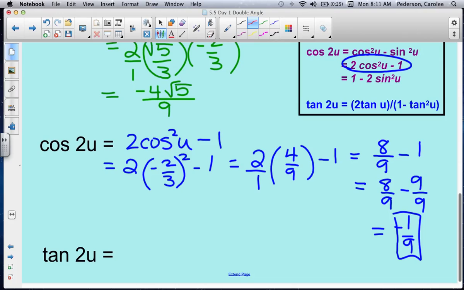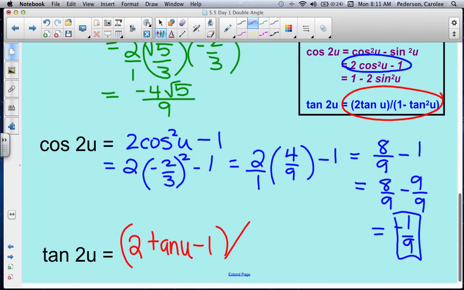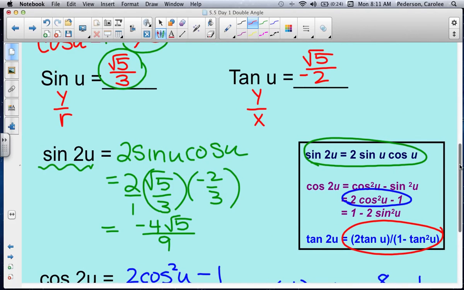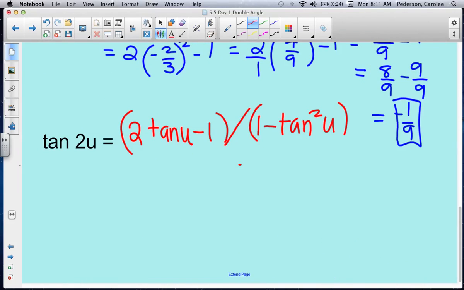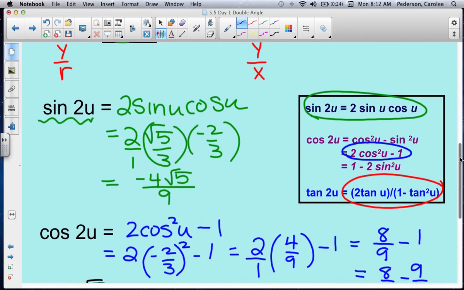And our last one, the tangent of 2u, we're going to use this formula. 2 tangent of u over 1 minus tangent squared of u. Remember, the tangent of u we found to be negative square root of 5 over 2.